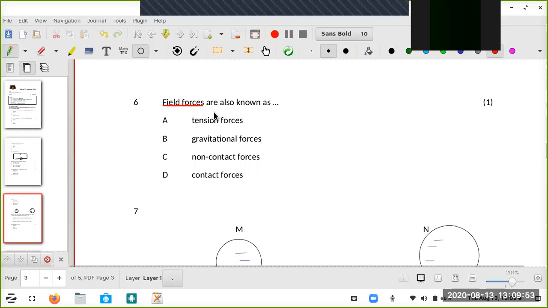Here we want another name for field forces, which is what? C, non-contact forces. Remember, field forces are known as non-contact forces because the objects that experience this force are not in contact, all right? So that's non-contact forces.